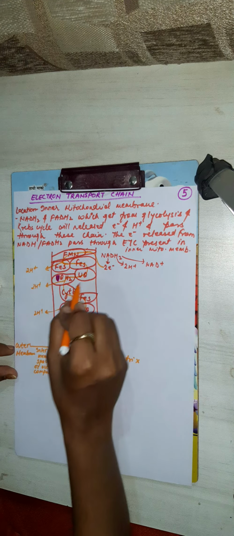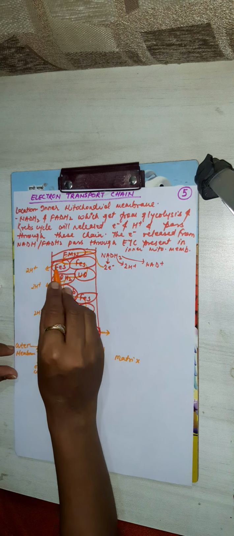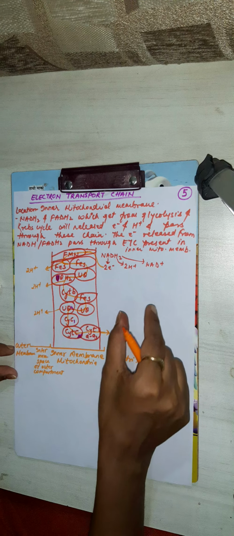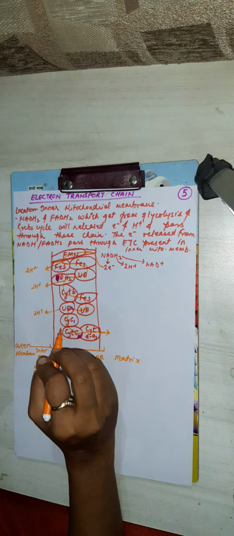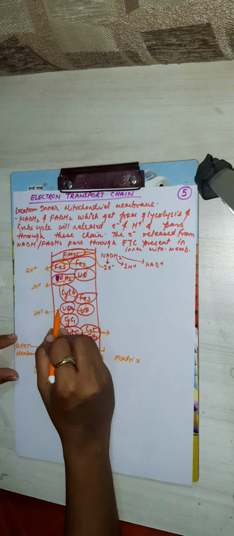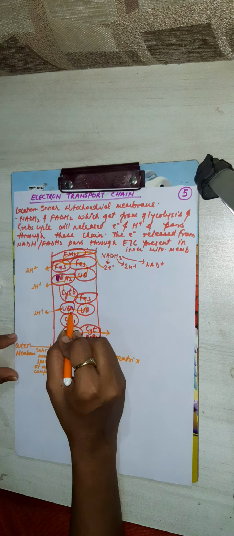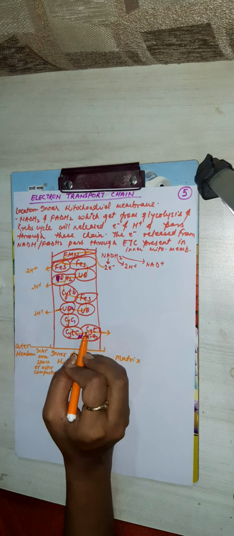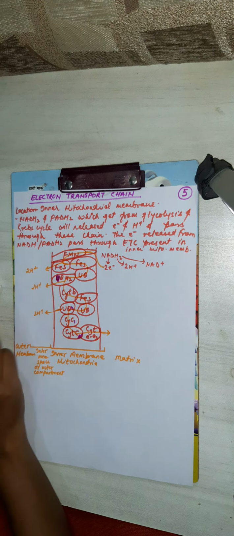Okay, when the electron is moving, energy is released from the electron, and the protons are pumped from here to here. Then finally the electron will pass, and here it will be accepted by oxygen.